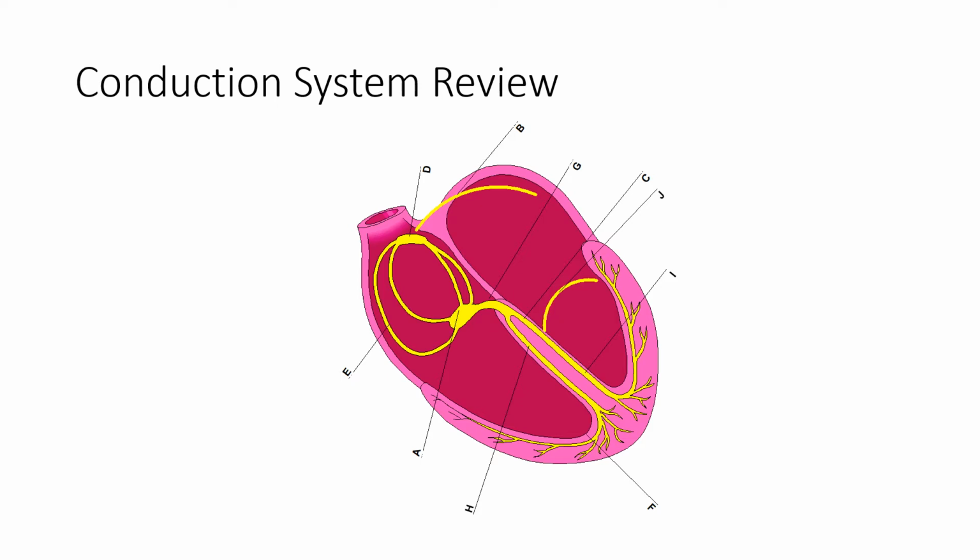Okay, you should have already done your practice. Let's go over it. So where does your conduction system start? In a normal conduction system, it starts with the SA node, which is D. So your SA node starts, and then you may or may not have put either E or B. E is your internodals, and B is your Bachmann's bundle, which allows the impulse to go to the left atrium, but it basically is happening at the same time.